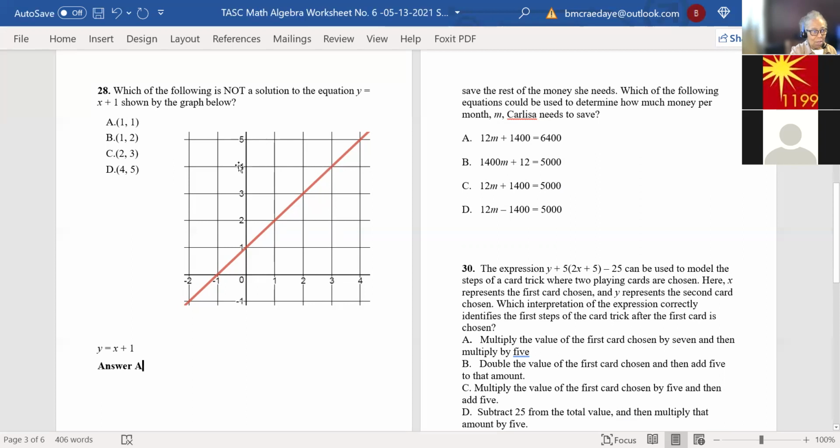That's right. So x and y cannot be 1 and 1. When x is 1, y is 2. So what cannot be a solution is the one that says x is 1 and y is 1, which is answer A.